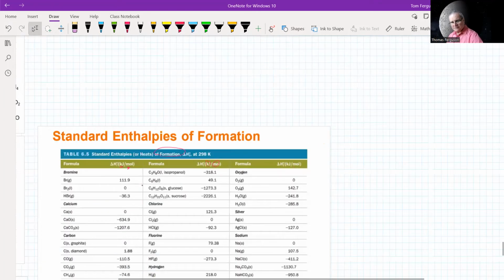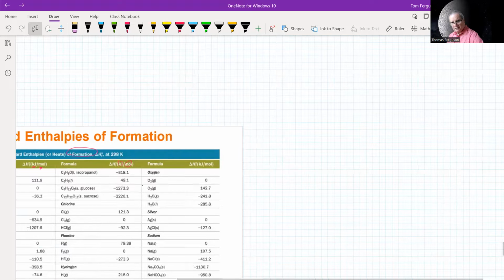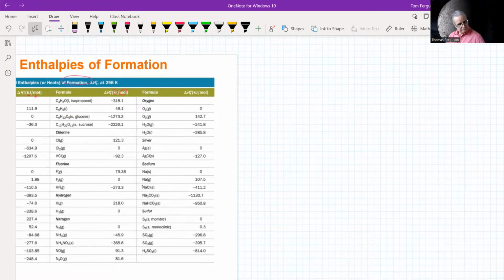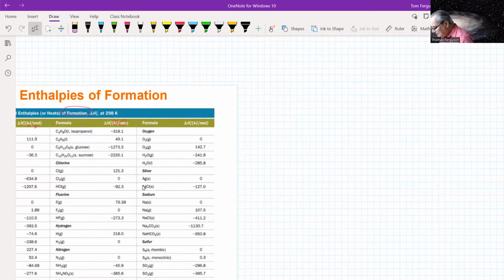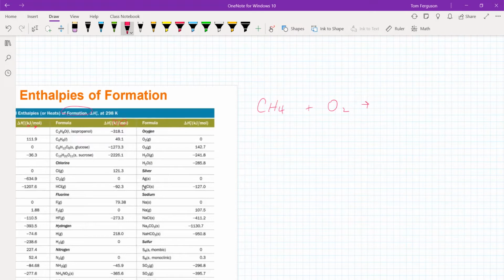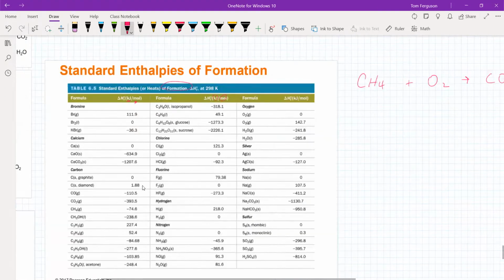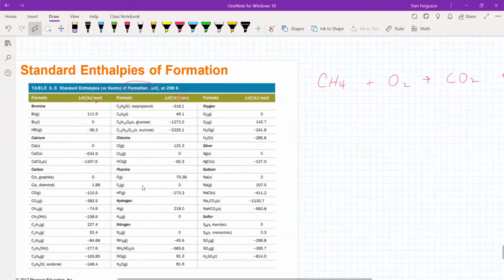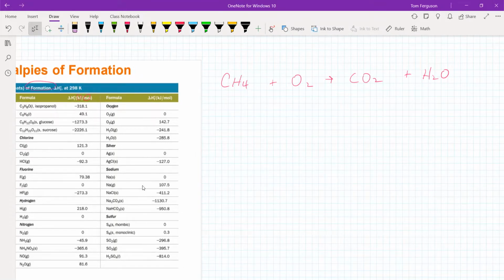Okay, so let's just do this from scratch over here. What we're going to do is add up the reactions of formation to equal this reaction.